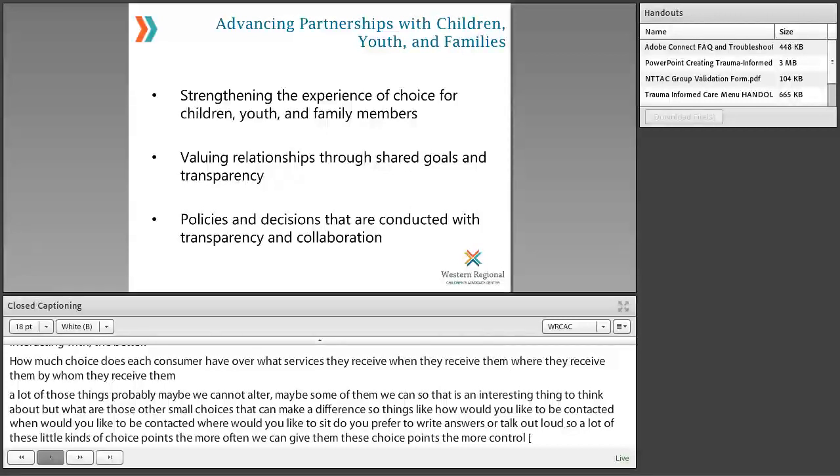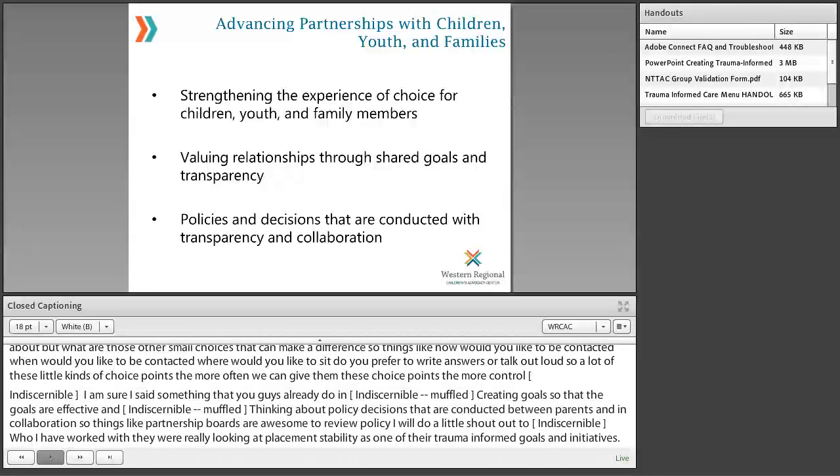I'll do a little shout out to Larry County Child Welfare, who I've worked with. They were really looking at placement stability as one of their trauma-informed goals and initiatives. What they ended up doing was calling families. They first set up a database to track families who were giving 14-day notices.